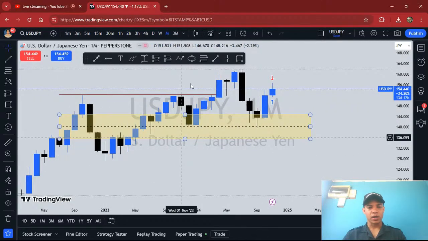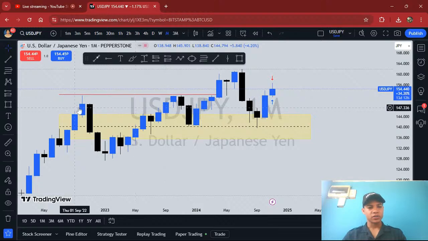Okay, I won't count this as a high because we didn't actually break above this. It's just relatively equal highs. So it's my higher high, higher low, higher high. And on the 3 monthly chart, this will be my trading range. And this was the breaker that price rejected or is busy rejecting from.